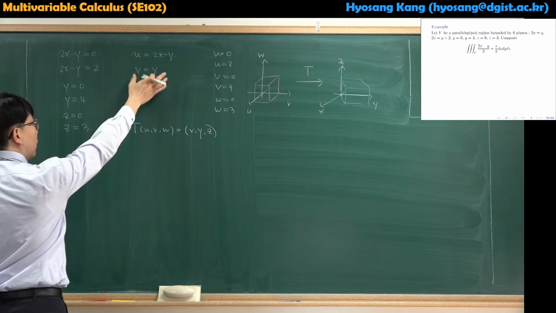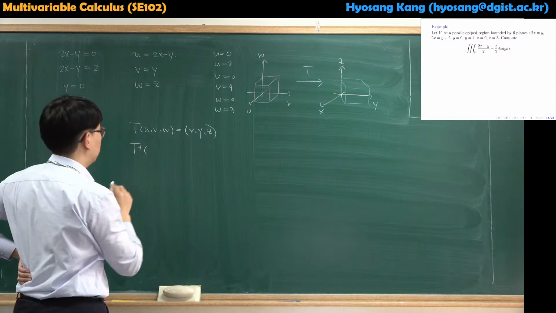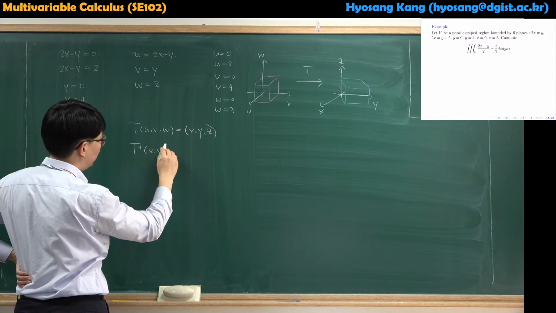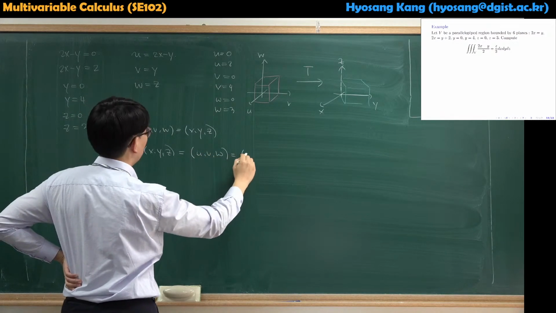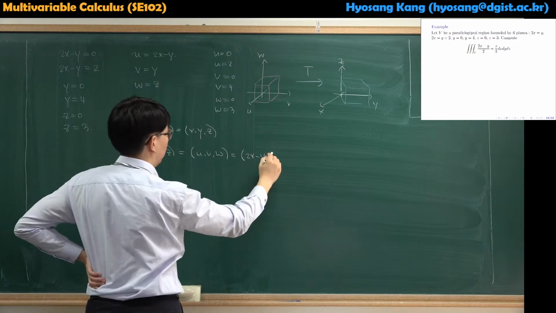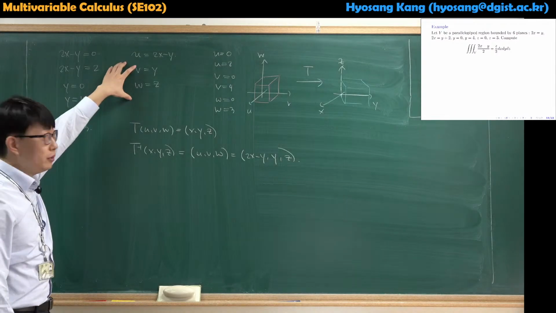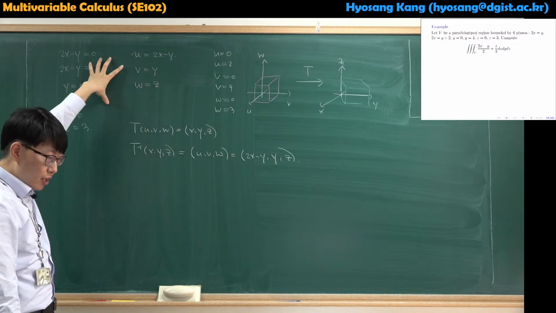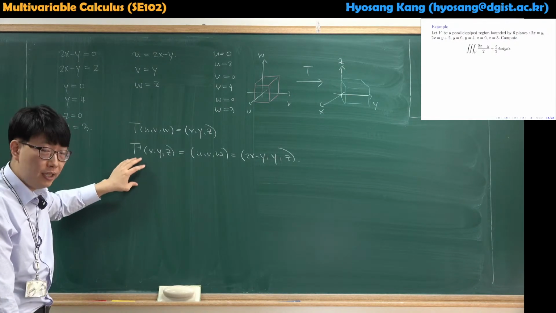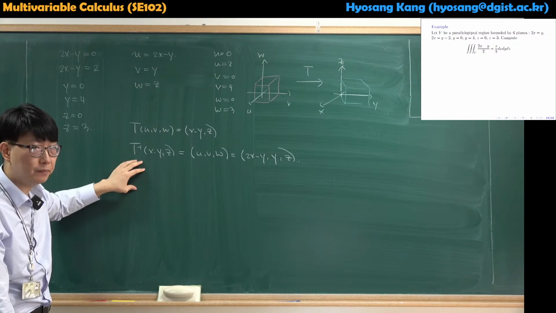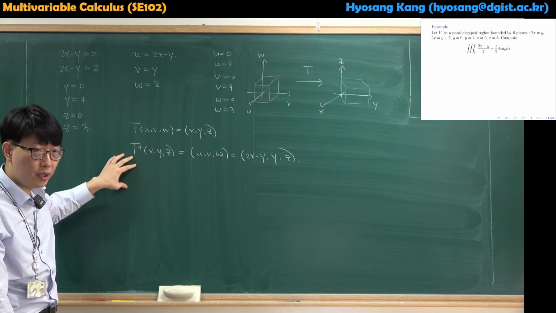So this expression is actually the expression for the inverse function of T, where u is 2x minus y, and v is y and w is z. By substituting, you're finding the coordinate functions of the inverse transformation. So let's compute the Jacobian of the inverse transformation.